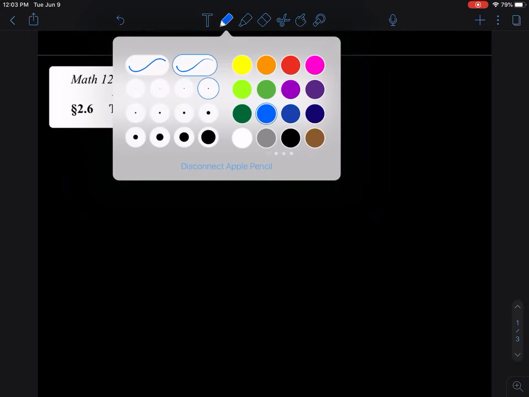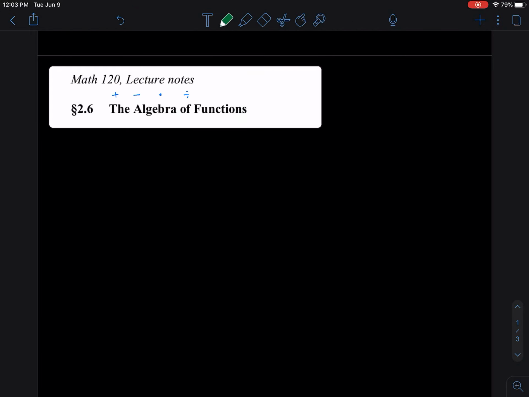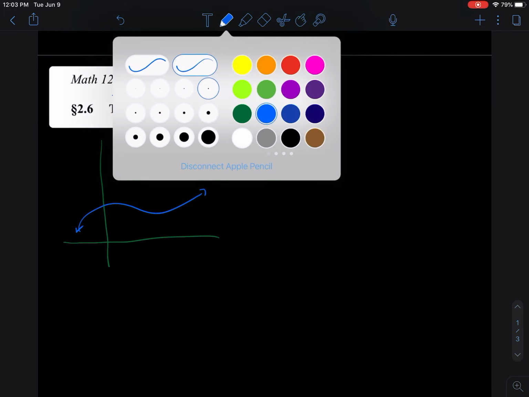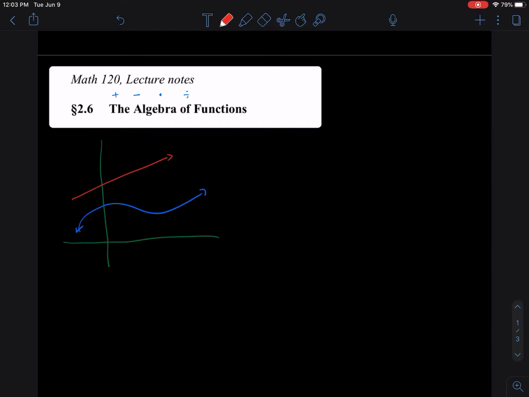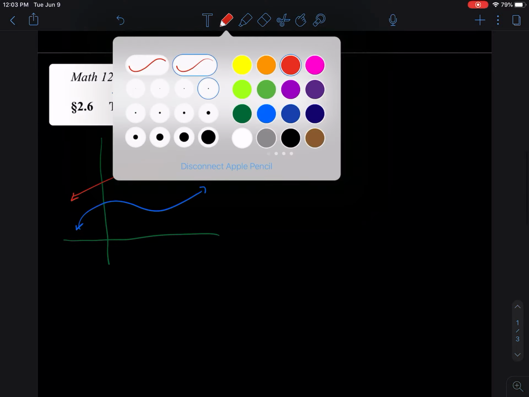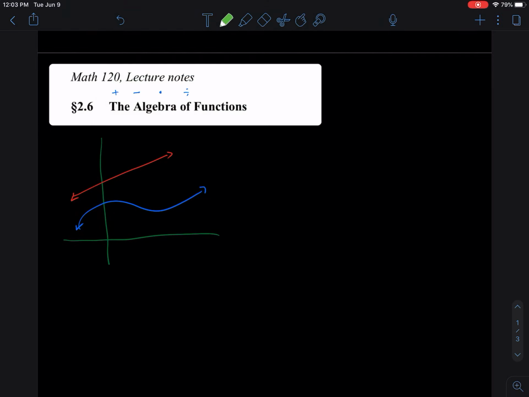So let's start by supposing we have two graphs, right? Suppose we have the blue one, perhaps looks like that, and then we have the red one that looks like this. Okay, so how do we add these two functions?